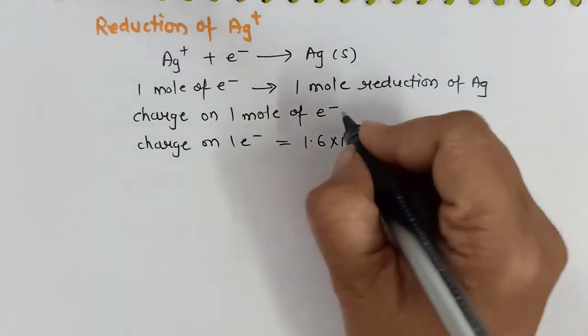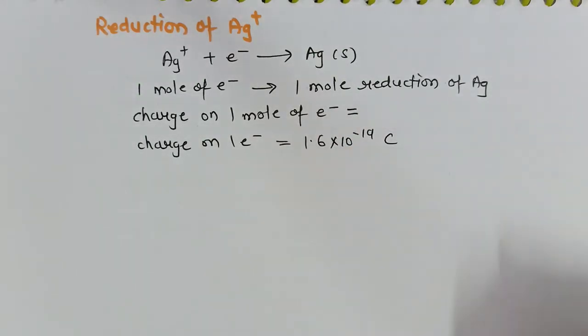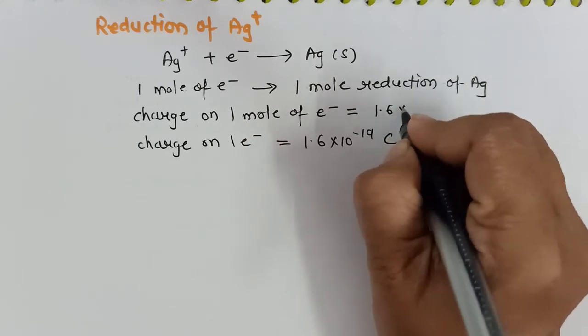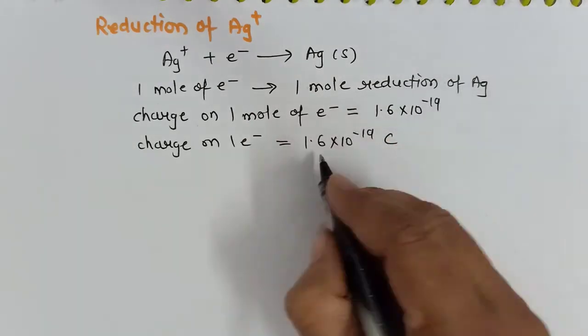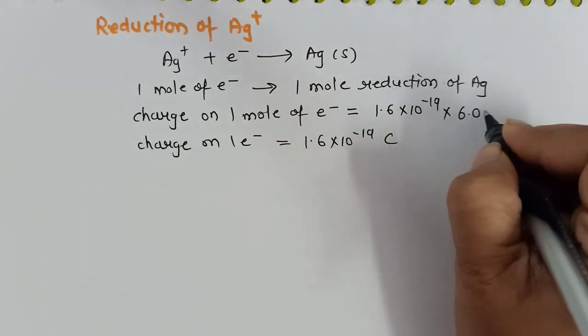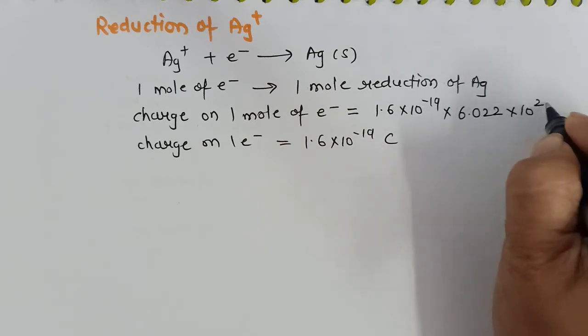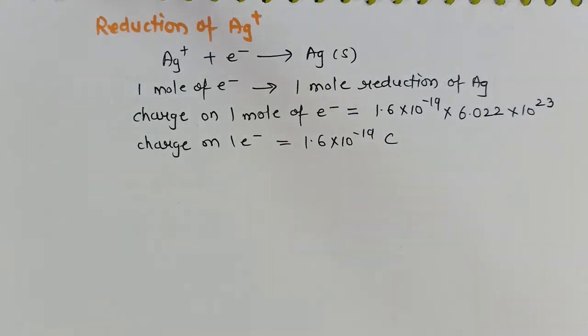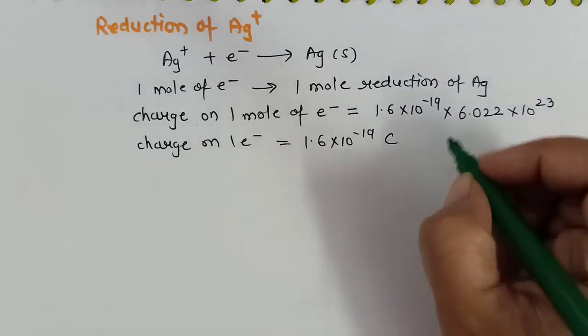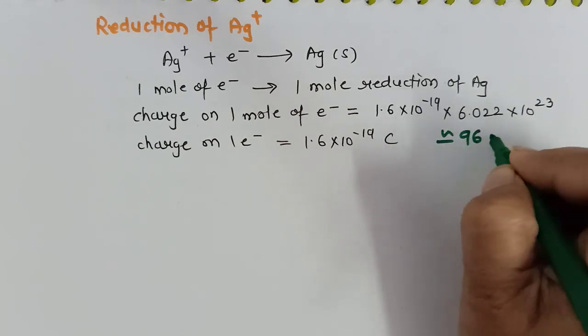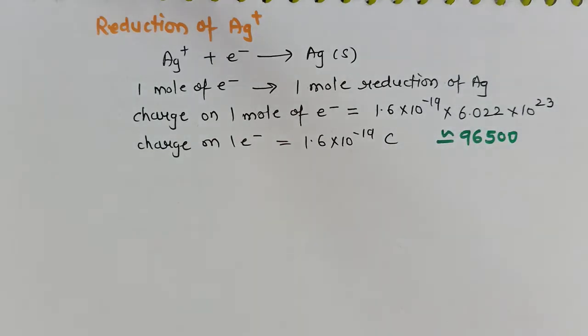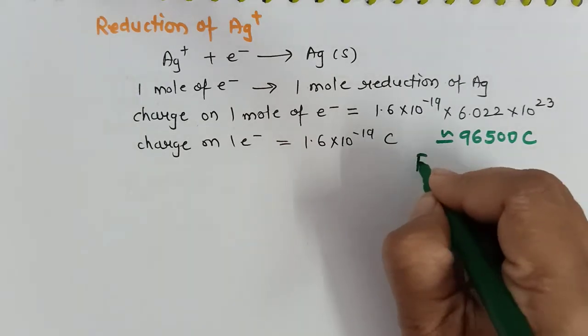So obviously the charge on 1 mole of electrons will be equal to 1.6 into 10 to the power minus 19 into Avogadro number 6.022 into 10 to the power 23. That is approximately equal to 96,500 coulomb. And this is what we call the Faraday constant.